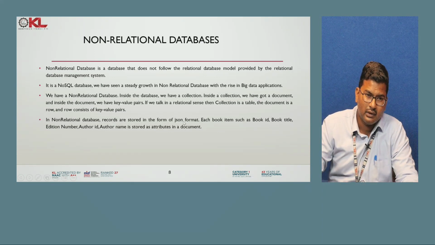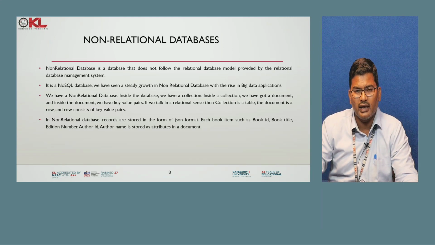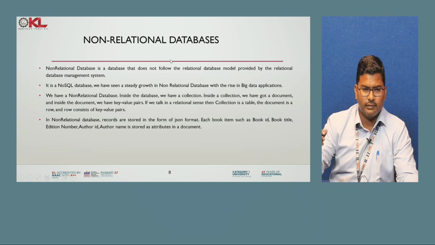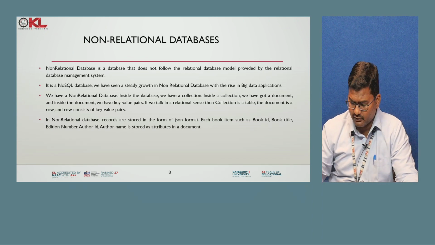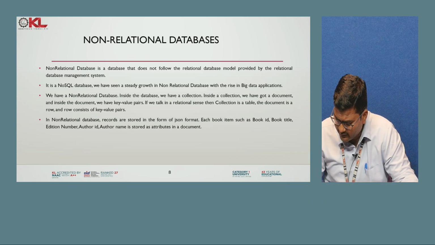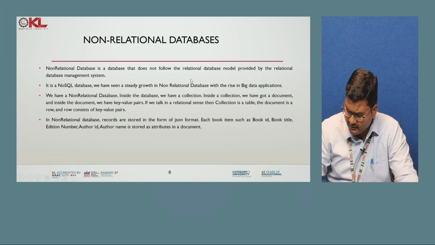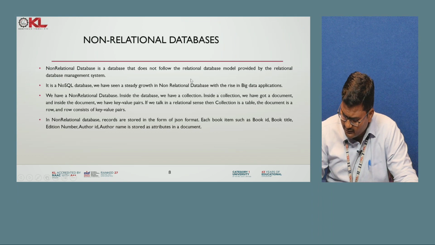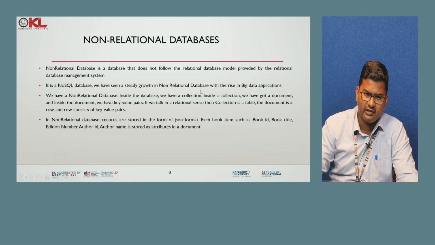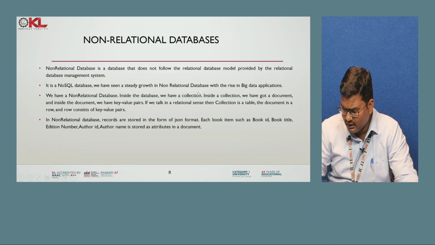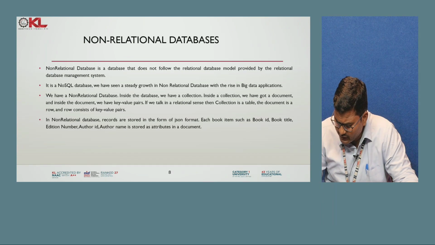Relational databases are static in nature, whereas non-relational databases are flexible and completely dynamic, and we have a schema which is rigid and bound to relational databases, whereas non-relational databases are non-rigid and very flexible in nature.